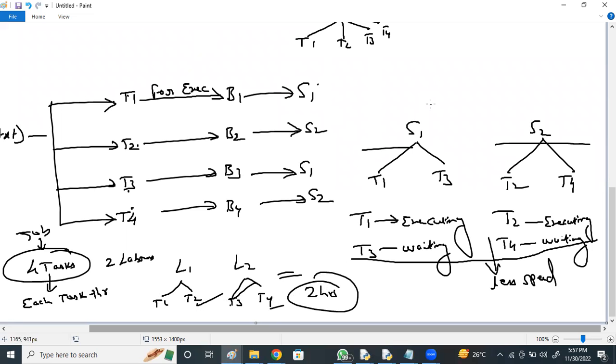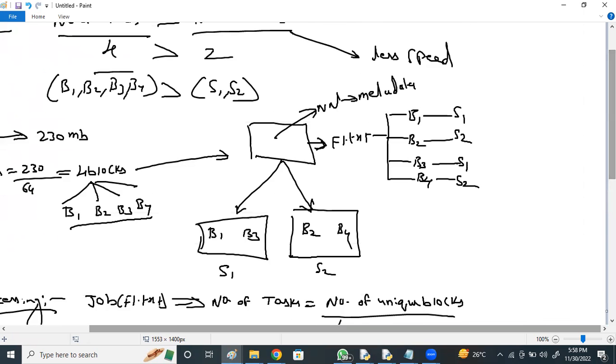But in the previous case 1, 4 tasks were given to 4 slaves, all executed parallelly, taking 1 hour only. Here it takes 2 hours. That's why I'm saying less speed, more time, as some tasks will be in the waiting state. Now observe case 3.